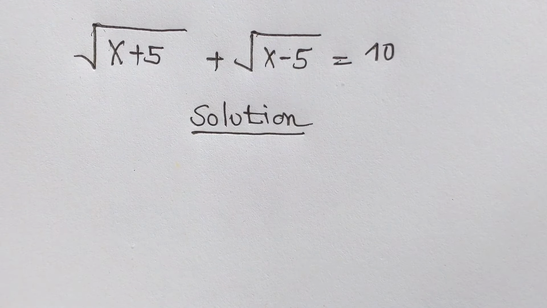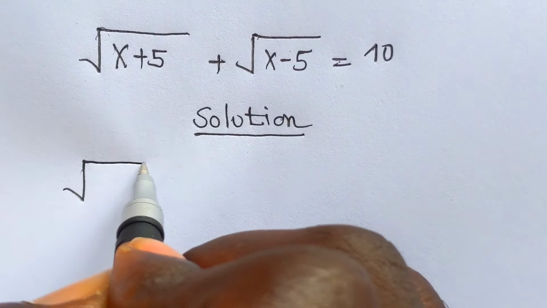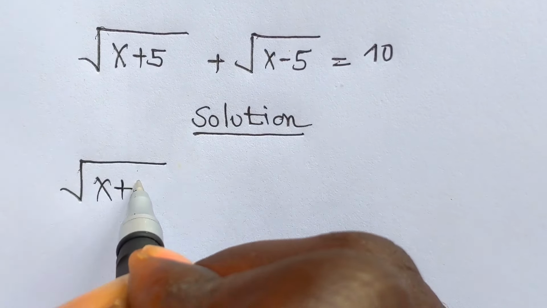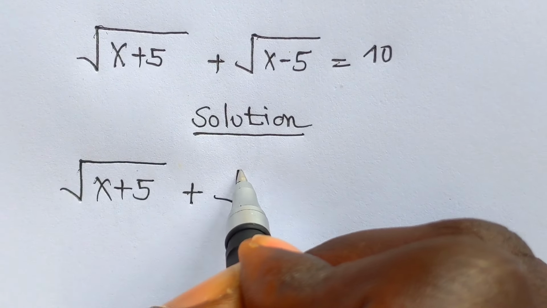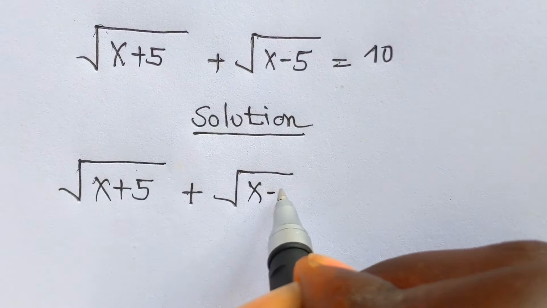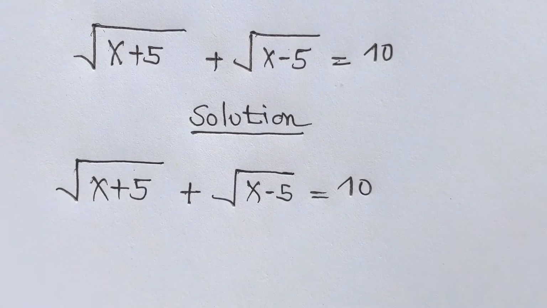Always, of course, you have to copy what we have: square root of x plus 5, plus square root of x minus 5, is equal to 10.